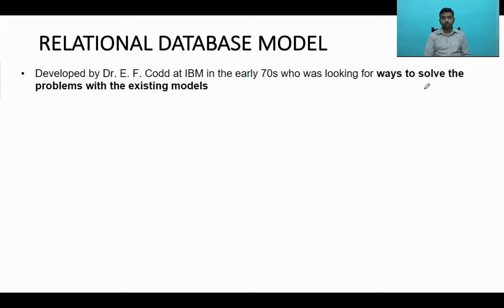We have seen a lot of problems, like the hierarchical fashion with only one parent, and again only the developers can use it, no one else can use it. All these problems are there. So this RDBMS resolved all the problems, and then Dr. E.F. Codd developed this relational database management system, that is your RDBMS.